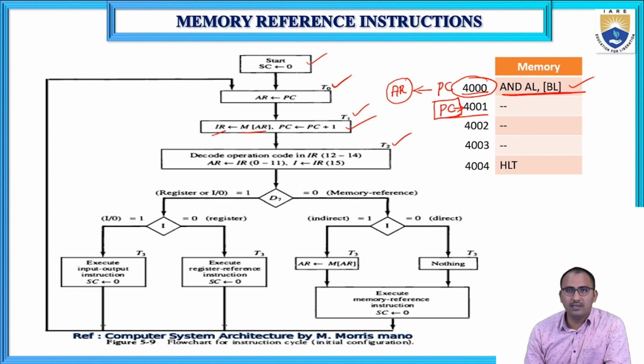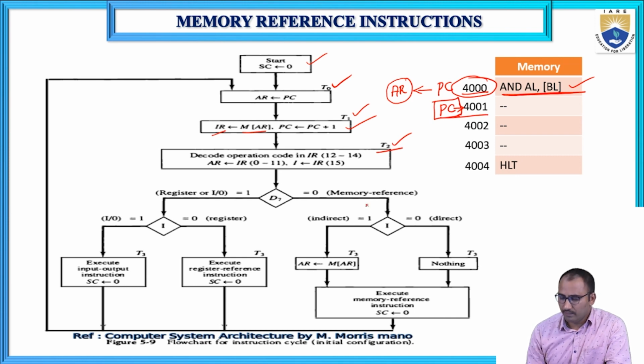Decoding means the instruction written in human language is converted into machine language. In the decoding phase, it interprets the instruction and determines what type of operation has to be performed. So the decoding takes place during the clock cycle T2.